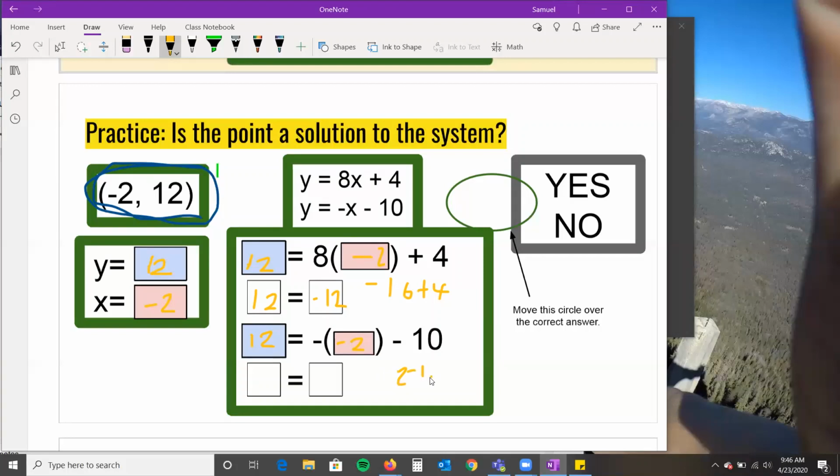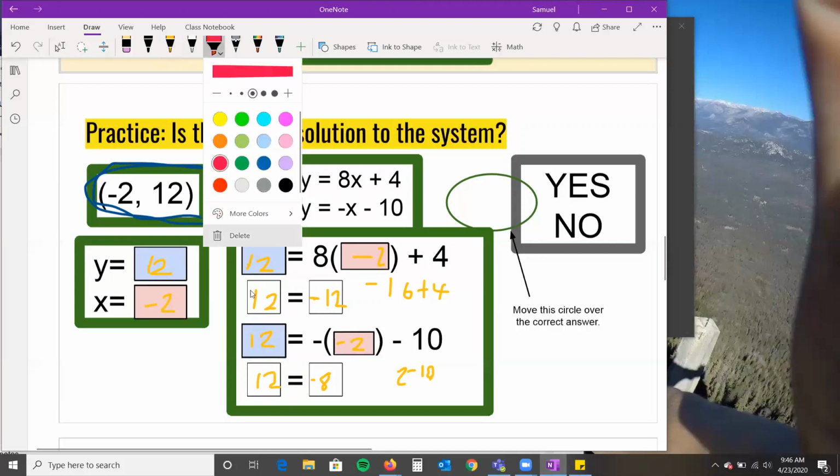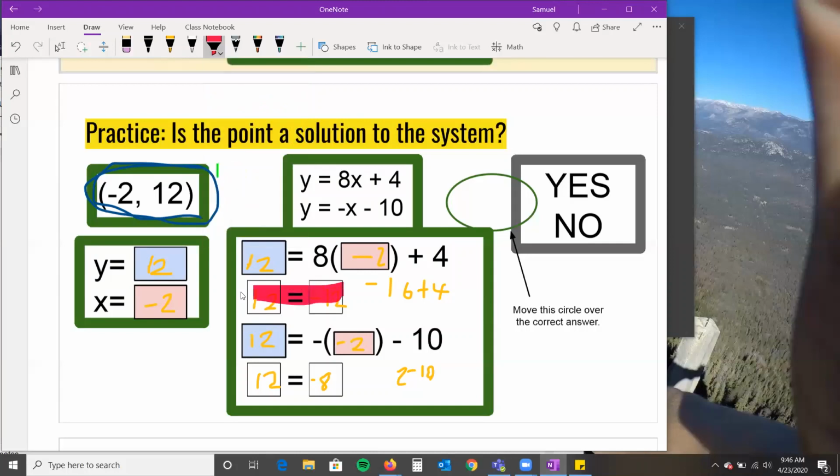And then -10 is going to be -8, right? So this one says 12 equals -8, and actually this one looked like it was going to be right, but it says 12 is equal to -12. Okay, so this one did not work.